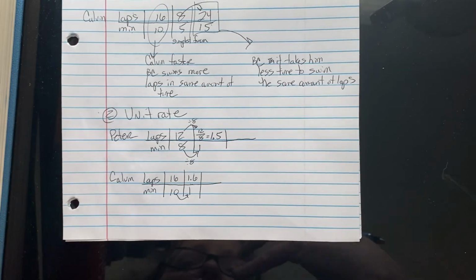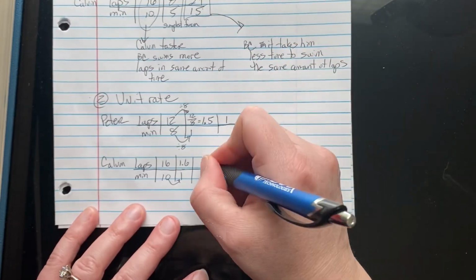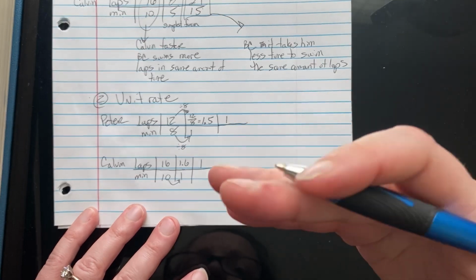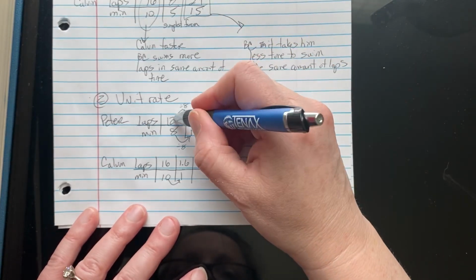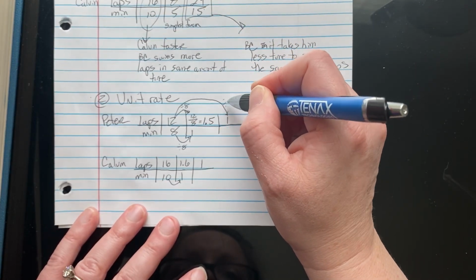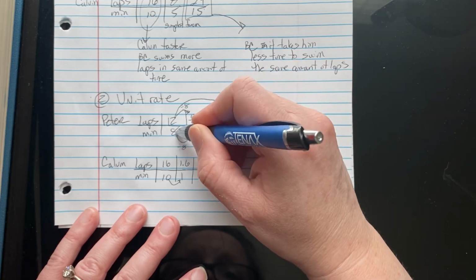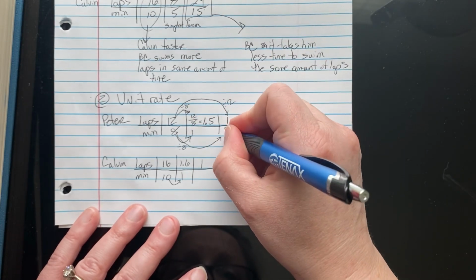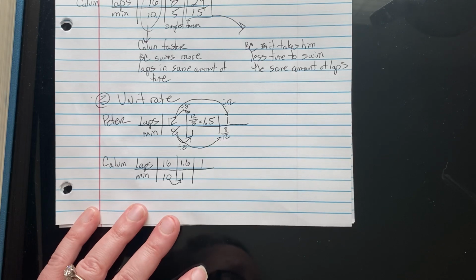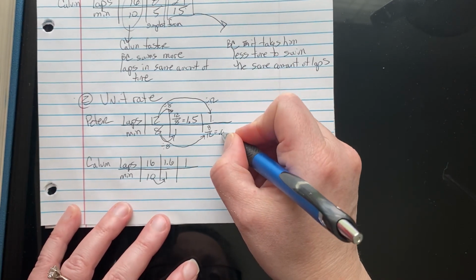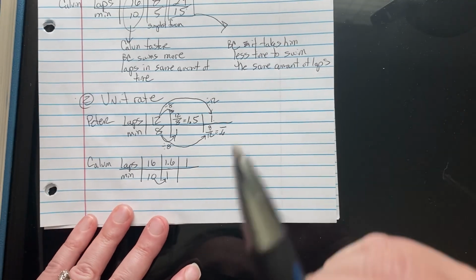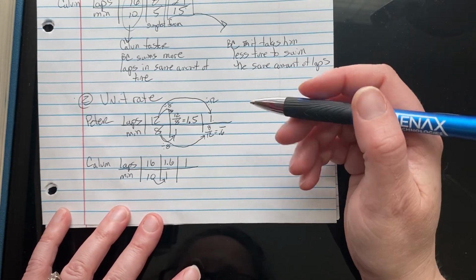The other unit rate that you could look at is how long it takes him to do 1 lap. So I'm going to come back here again, and now I'm dividing 12 by 12 to get to 1. So I'm dividing 8 by 12. I'm going to put that into my calculator because I don't really want to think today, and I get 0.6 repeating. It takes him 6/10 repeating of a minute to do 1 lap.